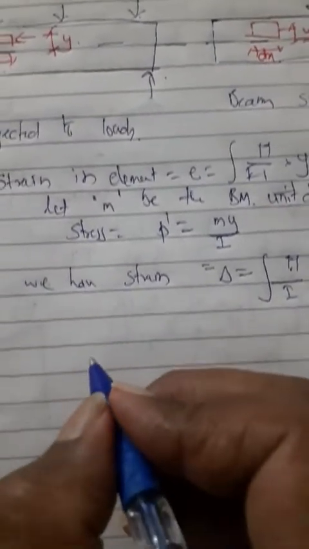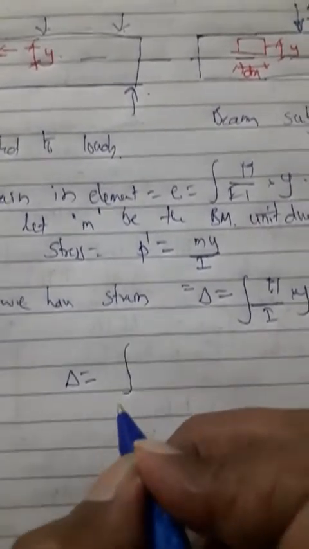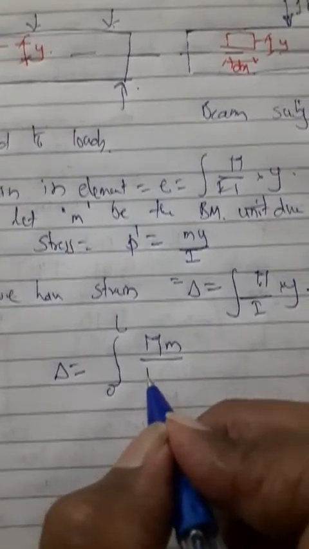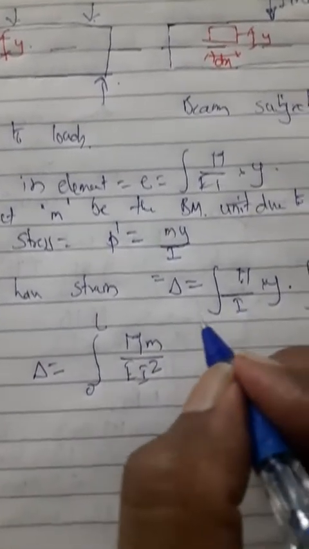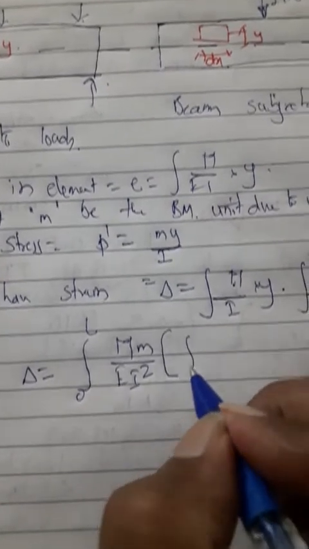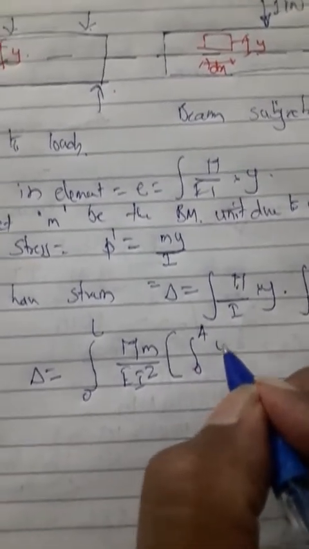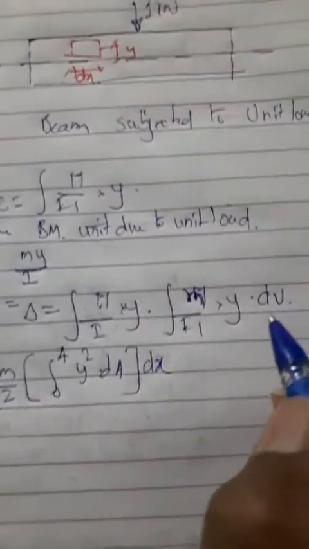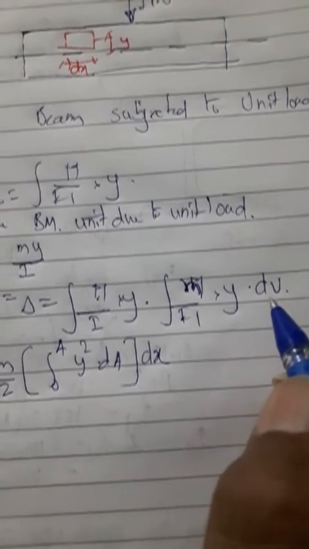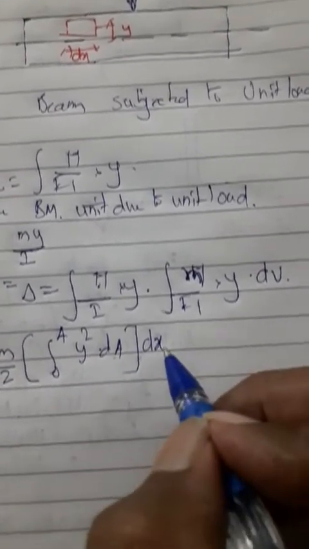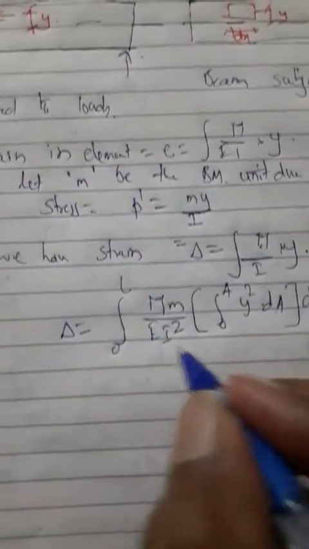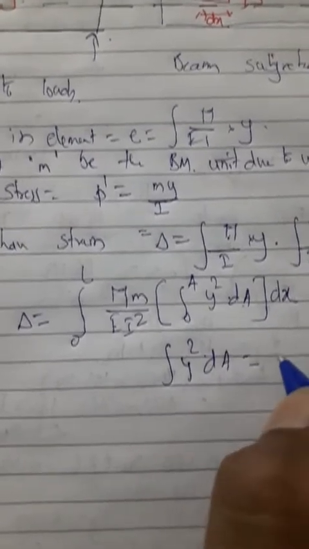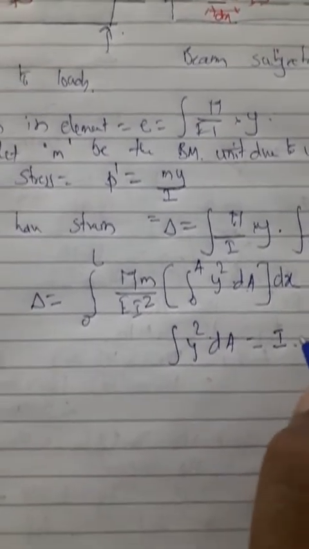So I have deflection delta is equal to integration of 0 to L of capital M small m by EI squared. So same, I am going to take 0 to A of y squared dA dx. This dV I am going to divide into dA and dx, area into distance, it gives volume. Next I have integration of y squared dA is equal to I, moment of inertia.